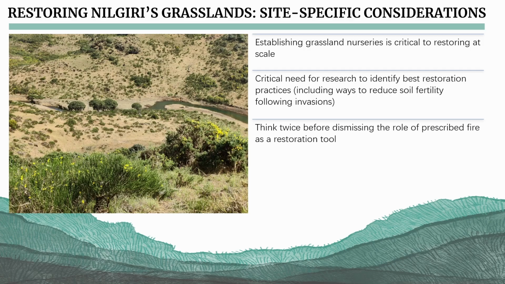I'm a grassland ecologist, and we know fire has been burning these things for millions of years. We know all of these grasses are fire adapted, and I think using fire, or actually having experiments to evaluate the role of fire, because we know that fire stimulates germination of many of these invasives like wattle and so on.